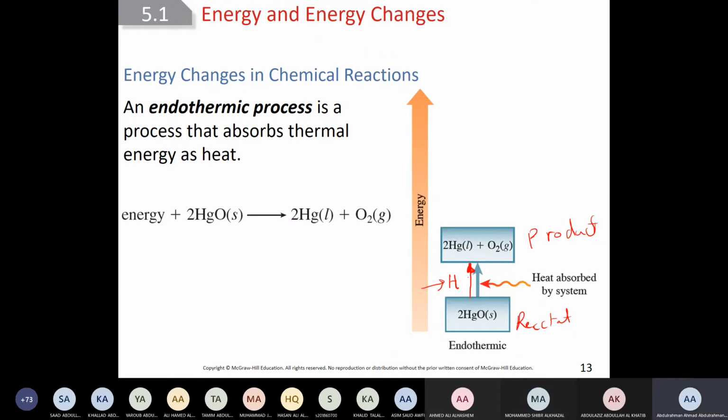The arrow here is the enthalpy. And this is the heat. In order to go from lower energy to higher energy, you need to add heat to it. When you add heat, this is called endothermic. ساحب للحرارة.